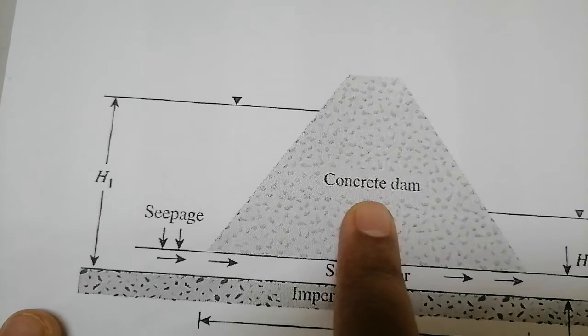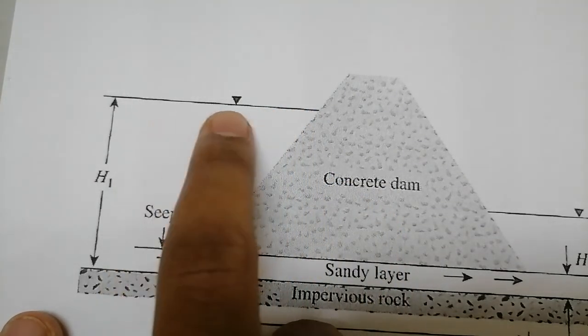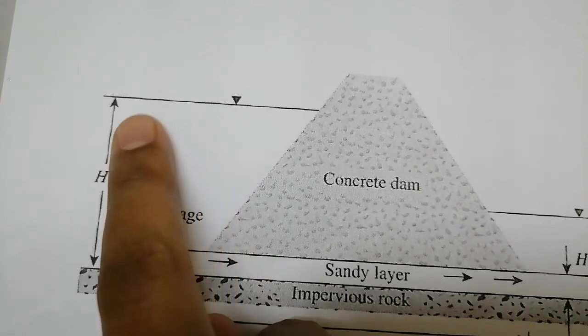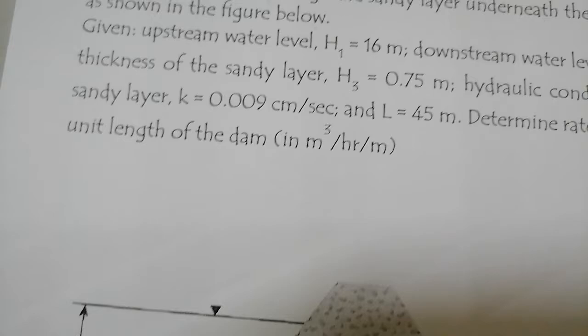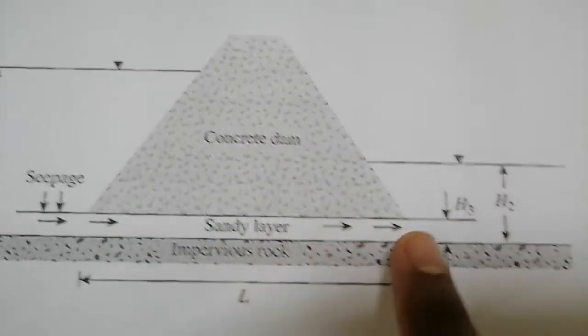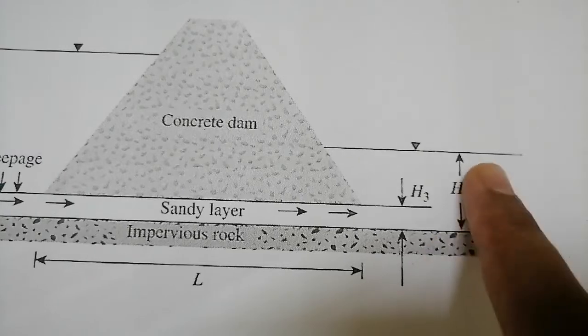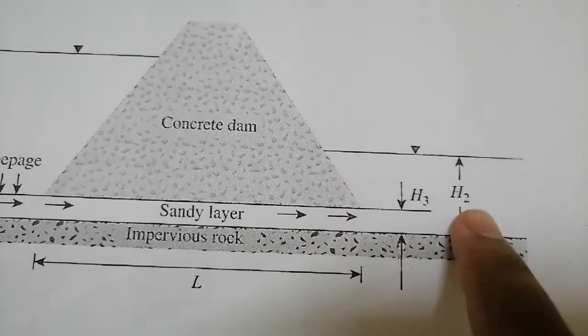Kan ni empangan kita. So this side we have water, okay, with H1 equals 16 meter given here in the question. This is H2. Okay, this side we also have water.